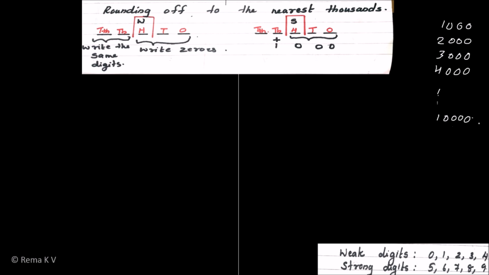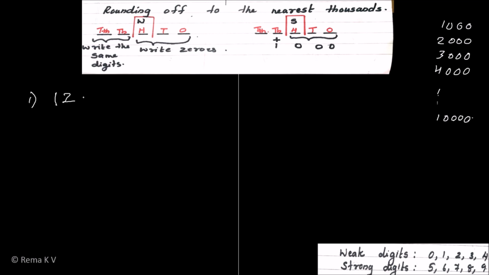In all these, the ones place, tens place and hundreds place are zeros. So let us consider one example here. Let us round off to the nearest thousands.